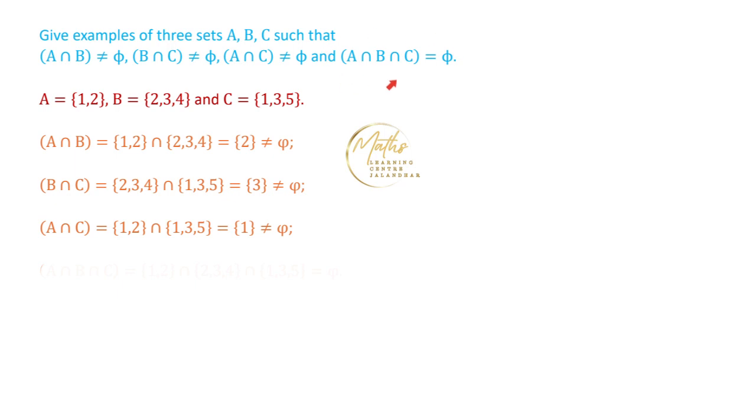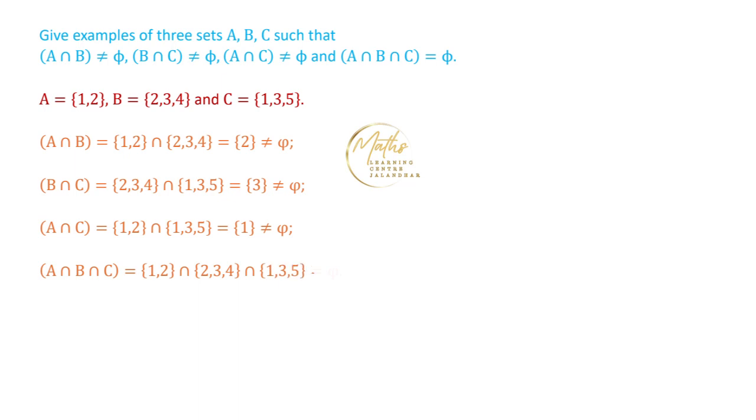Now we are moving on to our fourth condition. If we calculate the value of A intersection B intersection C, we are talking about the set containing 1, 2, intersection the set containing 2, 3, 4, intersection the set containing 1, 3, 5.